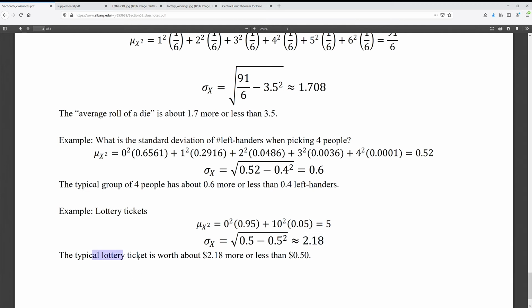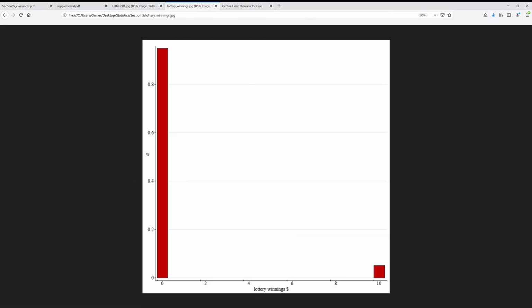So your typical lottery ticket is worth about $2.18, more or less than 0.5. Given that it balances at 0.5, one would be here, half would be about here. So given that it balances at 0.5, how much more or less than 0.5 is your average lottery ticket?